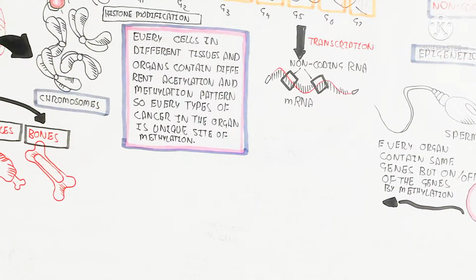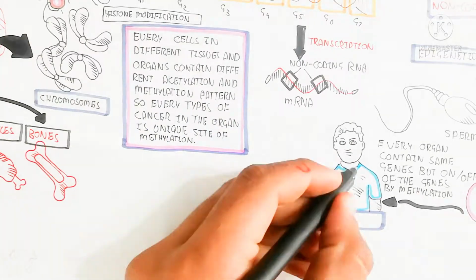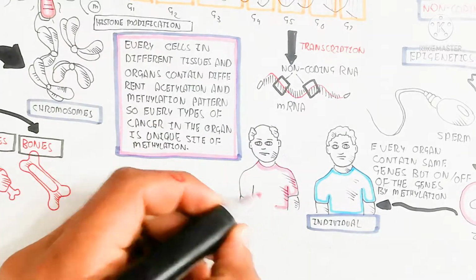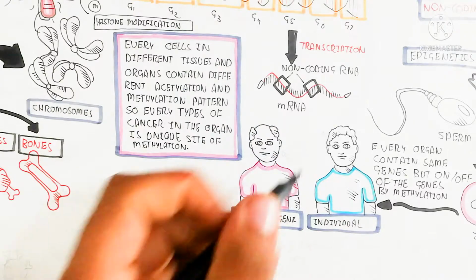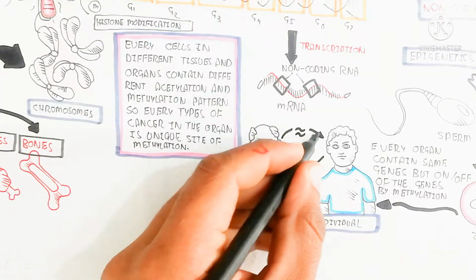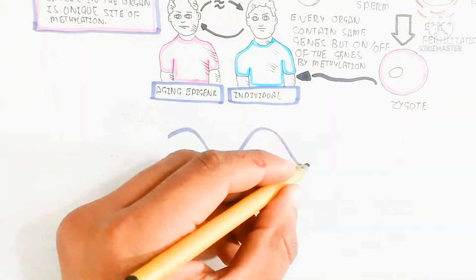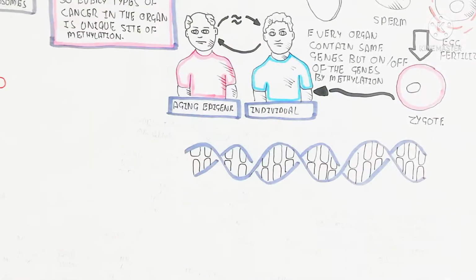The zygote will develop into the individual. Throughout life, from young age, methylation and acetylation change, leading to aging due to methylation of many genes. On the other hand, it can be reversible but not completely, through some mechanisms we will discuss at the end of this video.